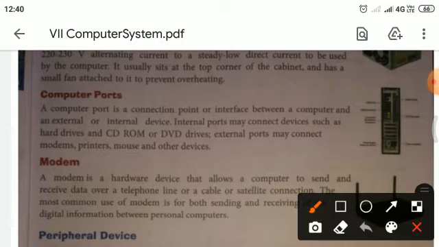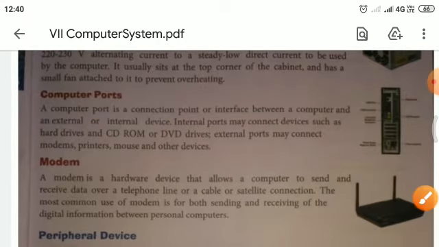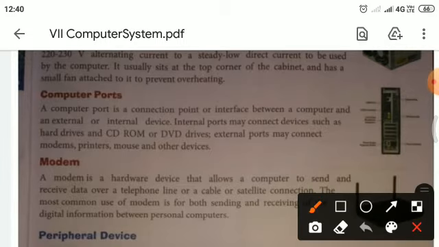And the next component is computer ports. A computer port is a connection point or interface between a computer and an external or internal device. The internal ports may connect devices such as hard drives, CD-ROM, DVD drives. External ports may connect the modem, printers, mouse and other devices.